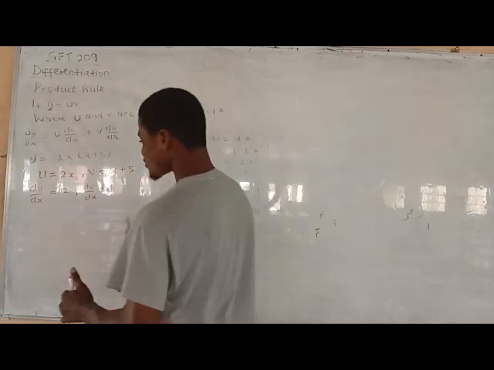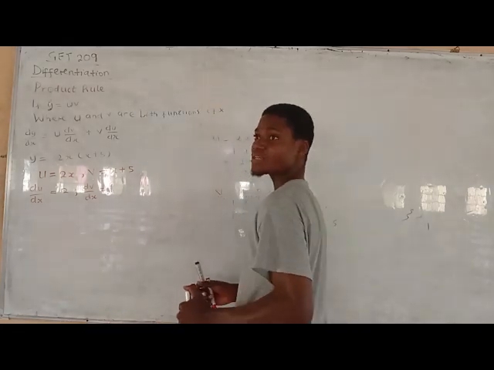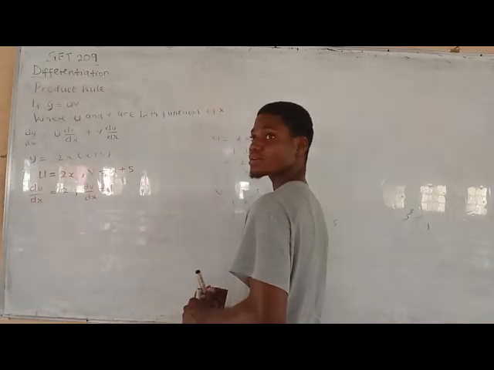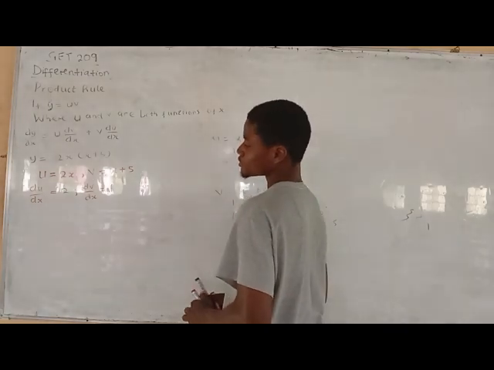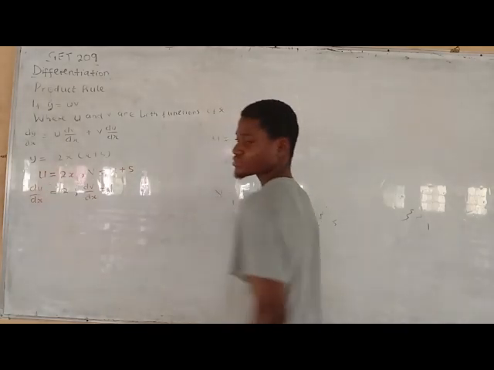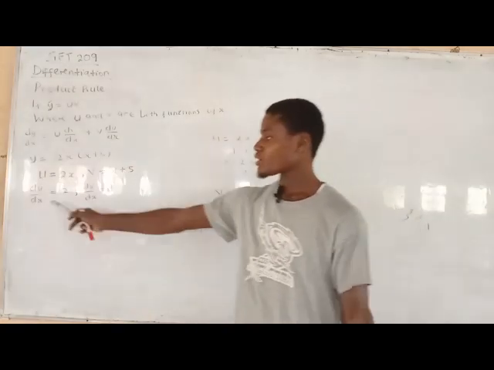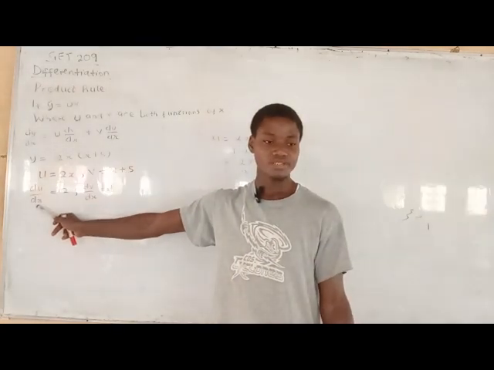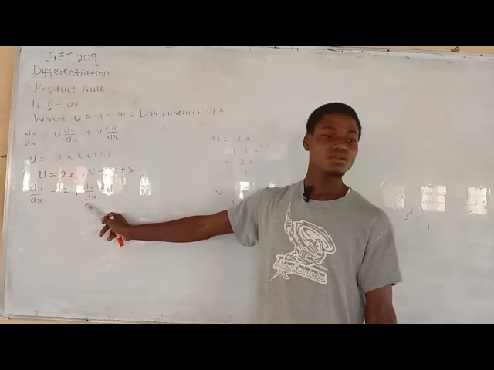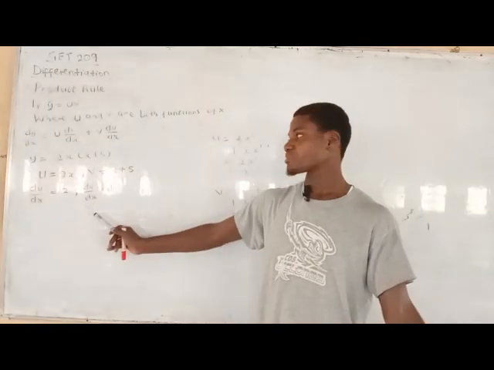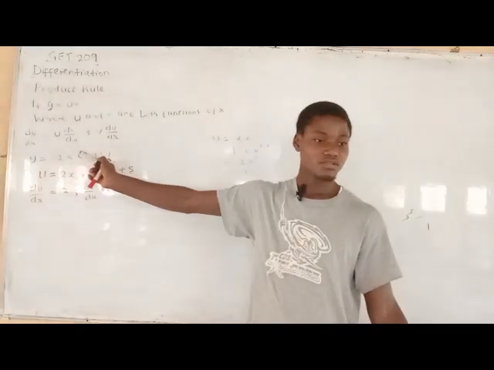So if it equals 1, the next thing we do is that we have our u, we have our v, we have our du over dx, we have our dv over dx. What remains is to put them inside.